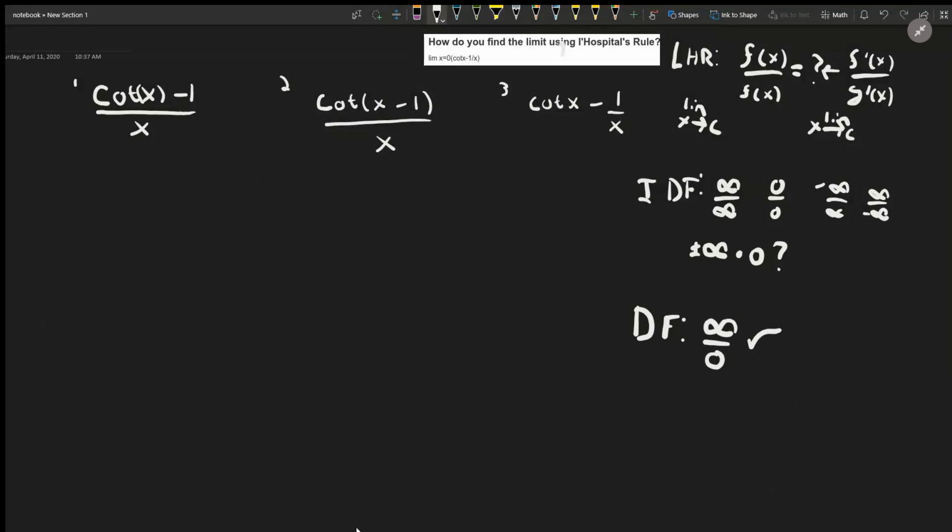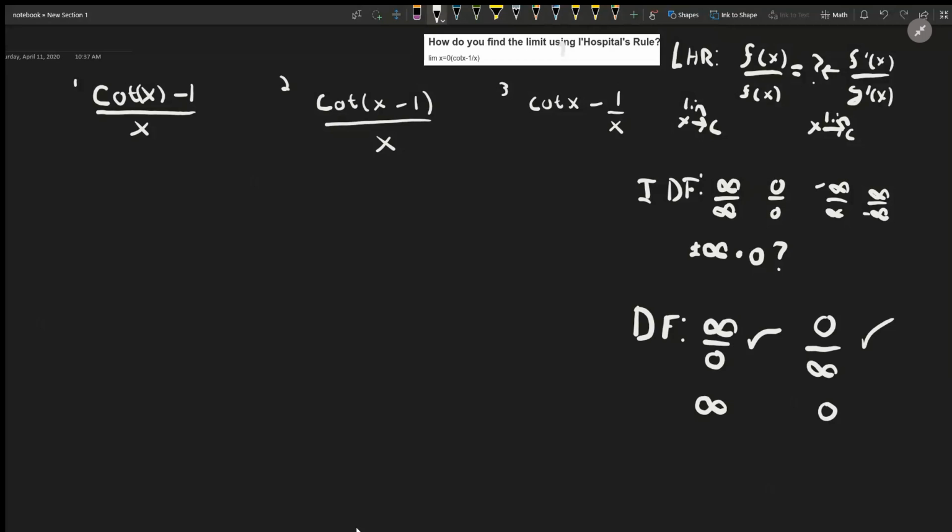Like if your limit becomes infinity over 0, then that's just fine. Likewise, 0 over infinity, well, that's also fine as well, because we know what that is. We know what these evaluate into. The former evaluates into infinity here, and then 0 over infinity just goes to 0. That's like the ultimate form for those.